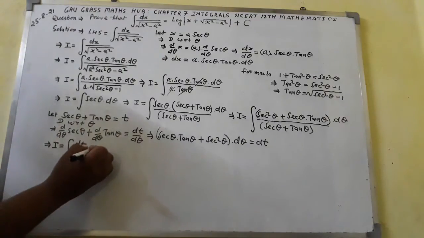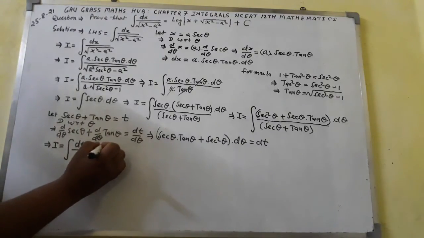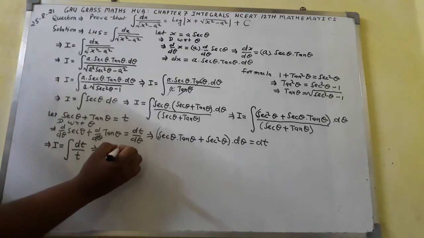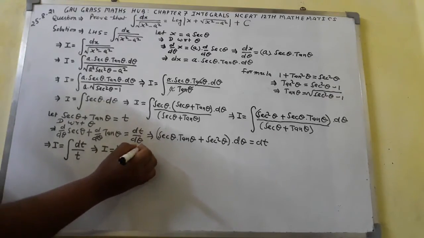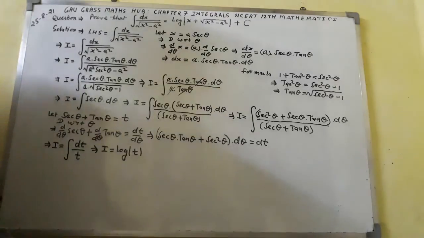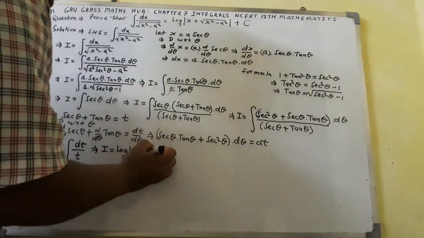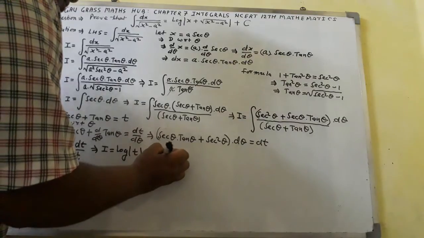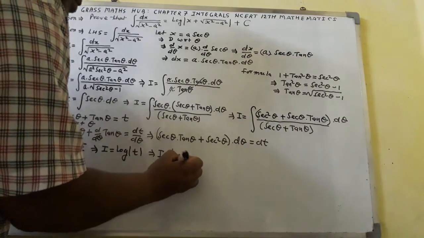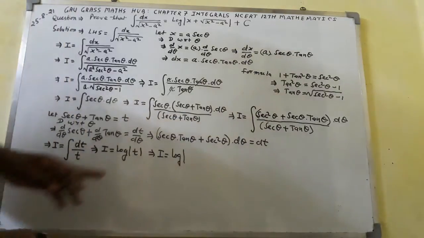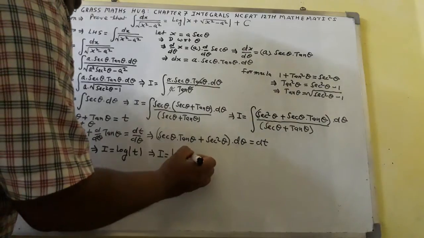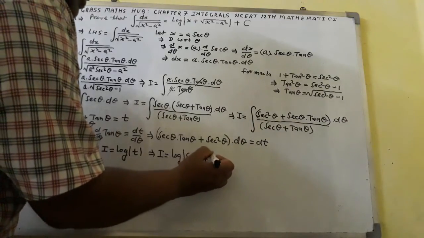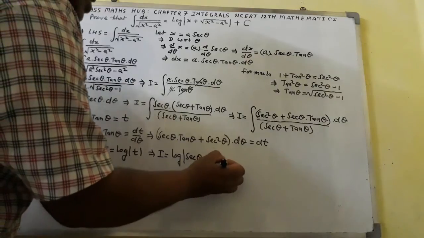Now again I shall write, implied that I equal to log mod t mod. Again I shall write, implied that I equal to log, in place of t I shall write sec theta plus tan theta.